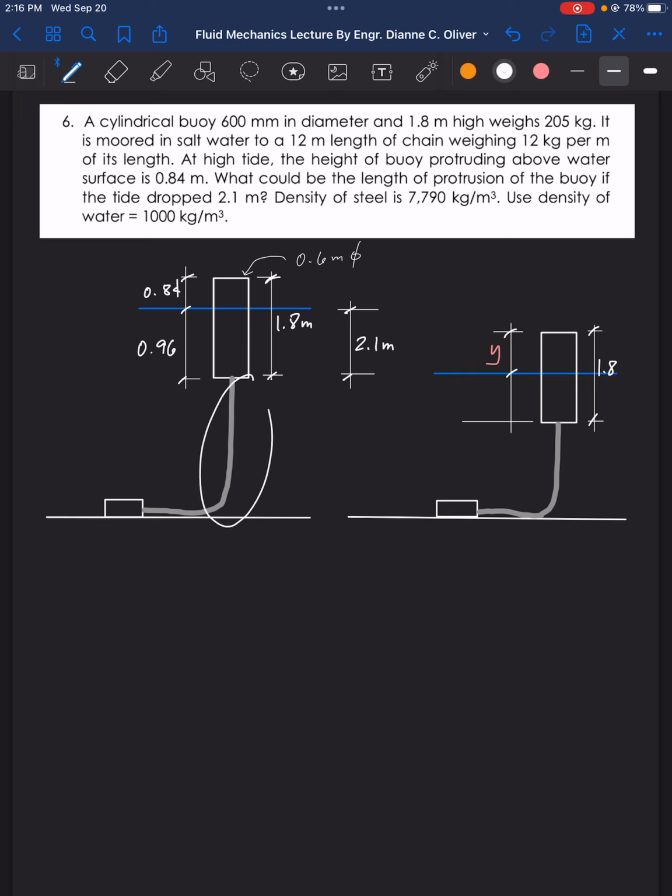Of course, let's say this is L for the buoyant force. Then this is the height of the water, or the sea water.